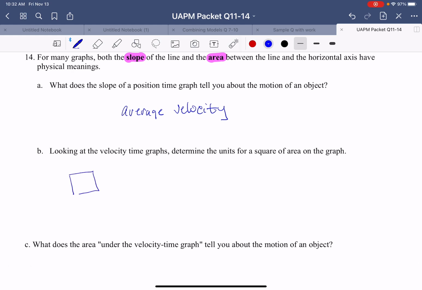If I look at one of those squares, vertically it's 1 meter per second and horizontally it was 1 second. So 1 meter per second times 1 second. Remember, units are like numbers. They can reduce to 1. Seconds divided by seconds equals 1. So each square is 1 meter.